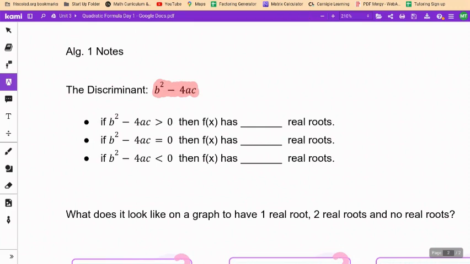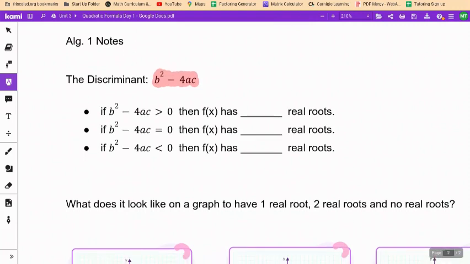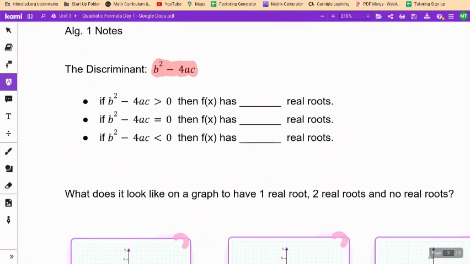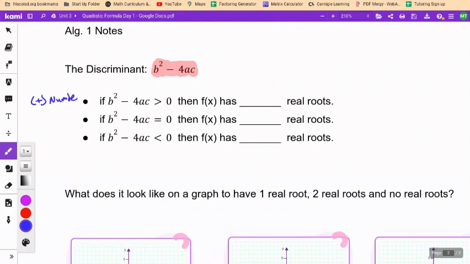The discriminant tells us a few different things. If the discriminant, or the number underneath the square root, is greater than 0, right? So that means this is a positive number. Then we know that this has two real roots or solutions.